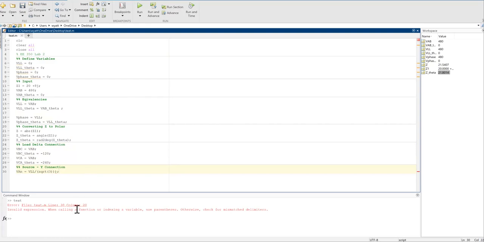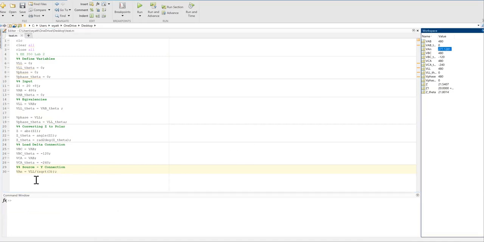We see here we have an error on line 30. We do have one extra parenthesis. So as we can see, working around, VAN is going to be equal to 277 volts.